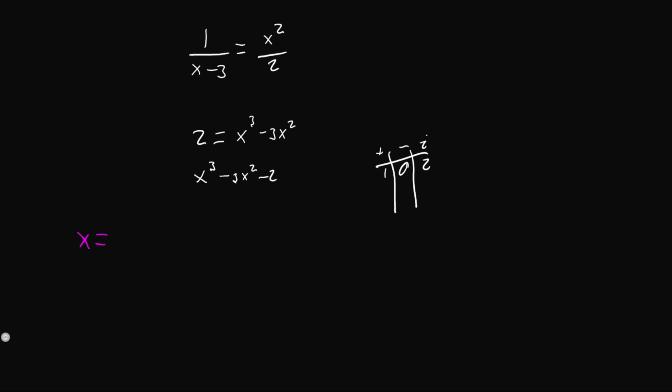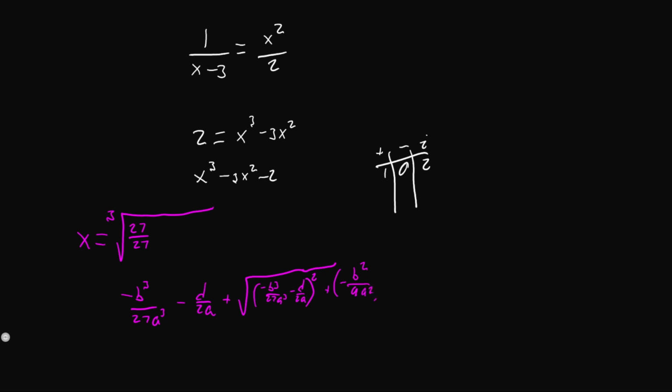So since it has only one solution, we're going to get x is equal to the cube root of, so we're going to use minus b cubed over 27a cubed minus d over 2a plus the square root of minus b cubed over 27a cubed minus d over 2a, squared, plus negative b squared over 9a squared, cubed, which is going to be our solution.